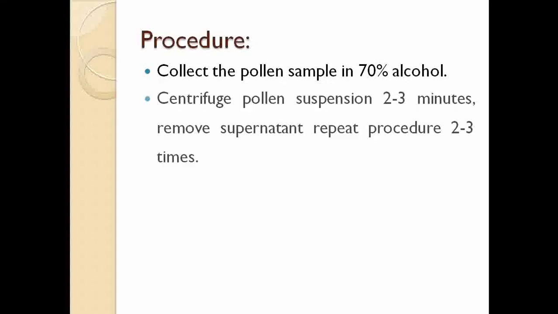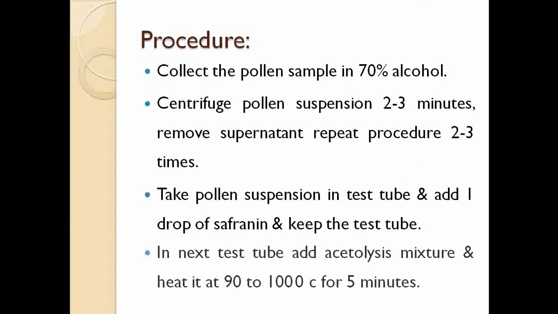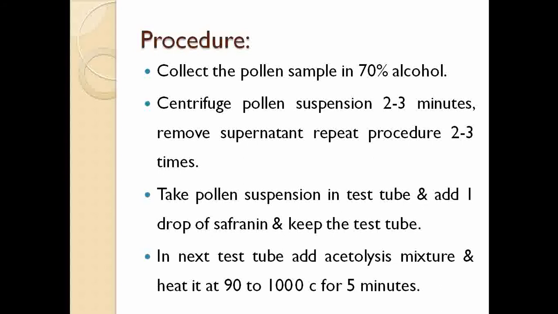Here we can follow the procedure in two ways. To evaluate which stain is more efficient to stain the pollen grain, in this first procedure we are going to use four stains. In the first stain we are going to use safranin.